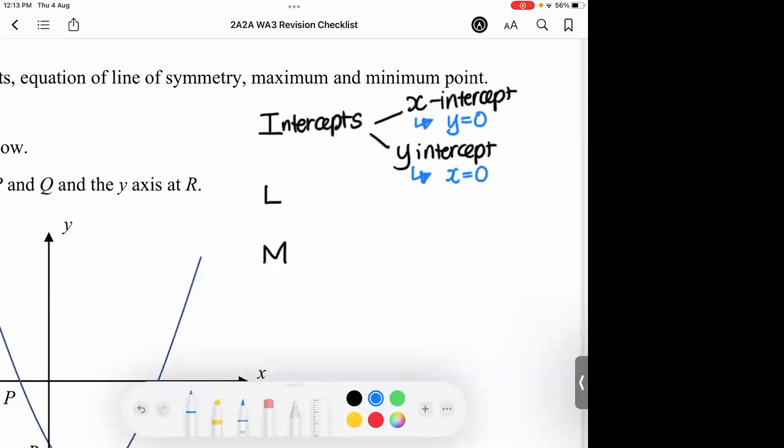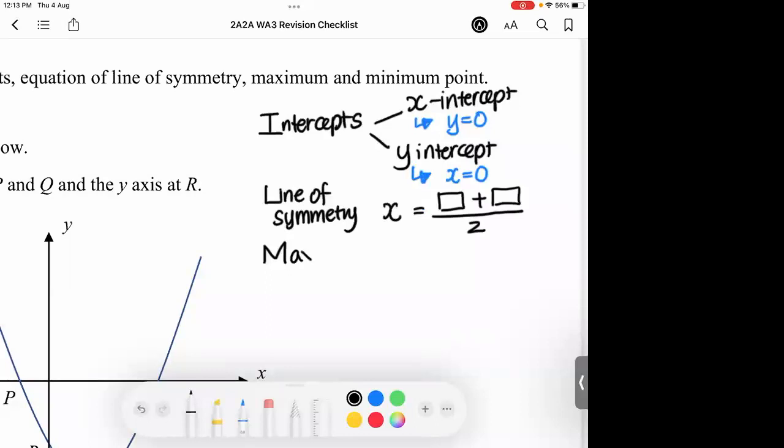After we know the intercepts, the next thing is L for the line of symmetry. Line of symmetry means the line that's in between the two of them. The line of symmetry is always x equals to something. We need to take the 2 x-intercept numbers, add together, divide by 2 to find the number in between.